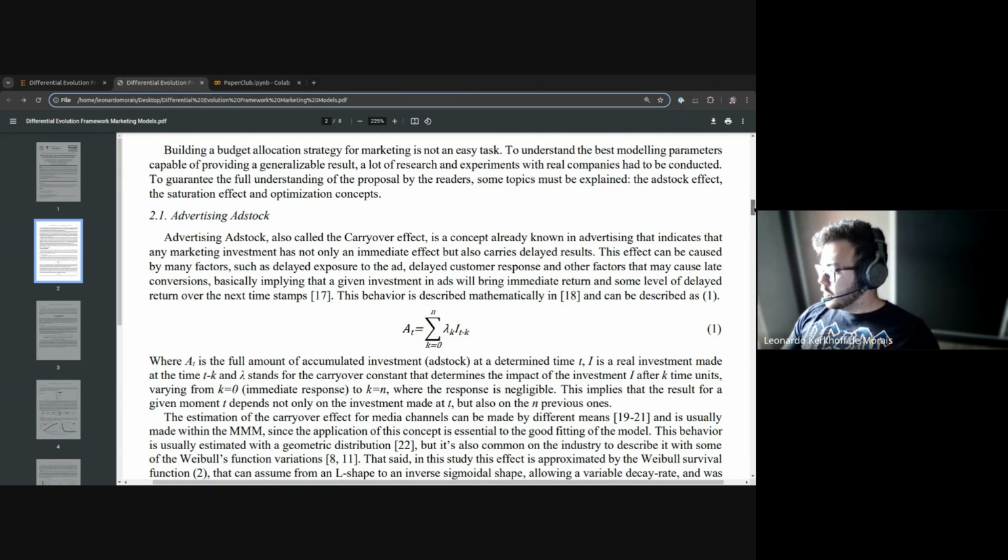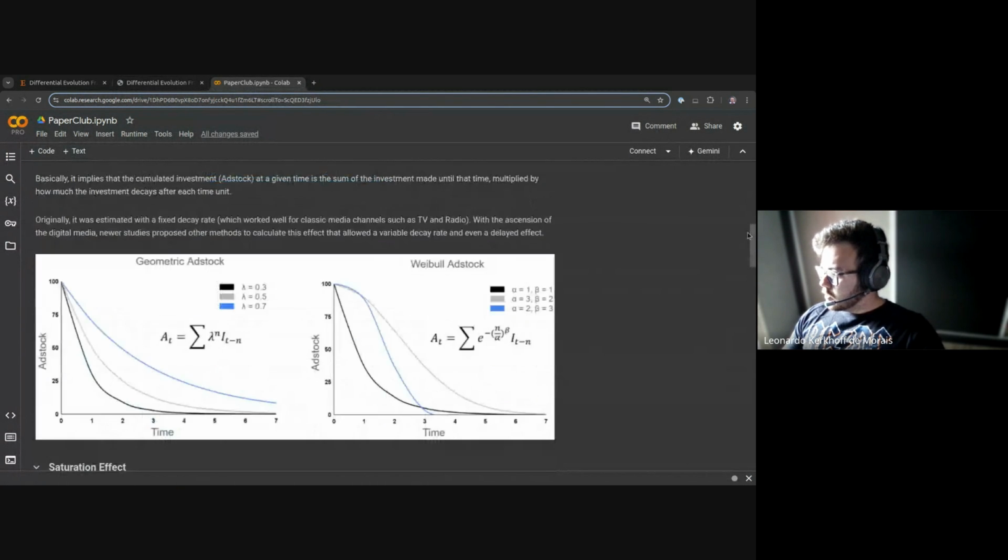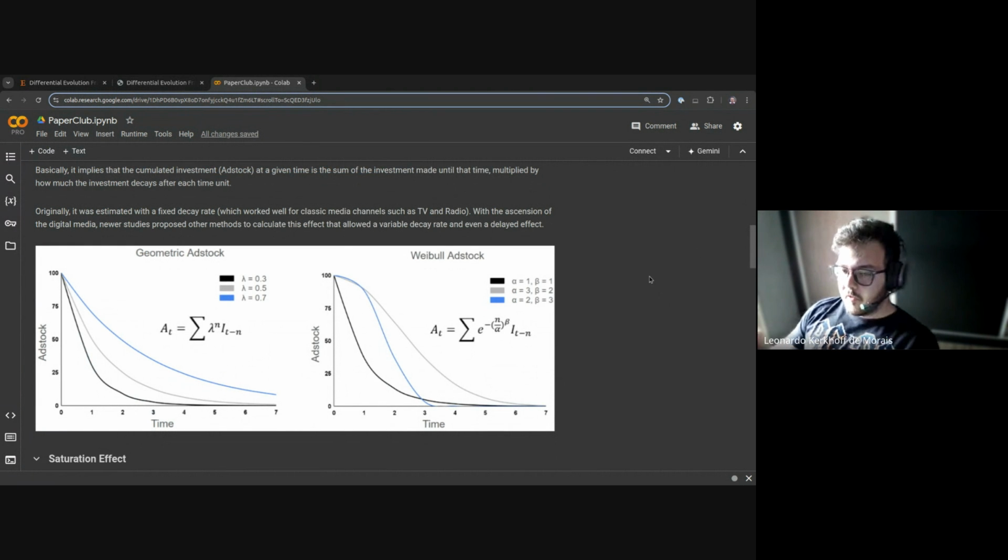So for this particular use case, one form of Adstock that I have used in my experiments and that showed a good result both for classical medias like TV and radio and for digital medias is the survival Weibull Adstock, where you basically substitute this constant here for this little Weibull function that is tied to the time that you are analyzing it, and some slope and decay rate here.